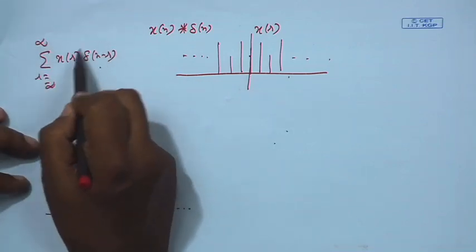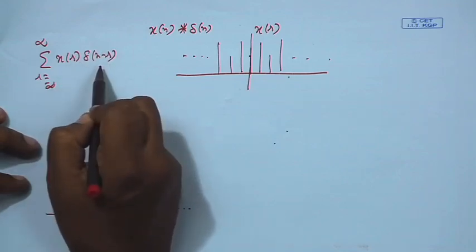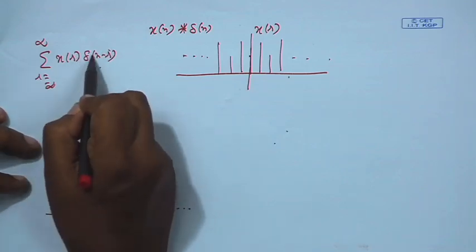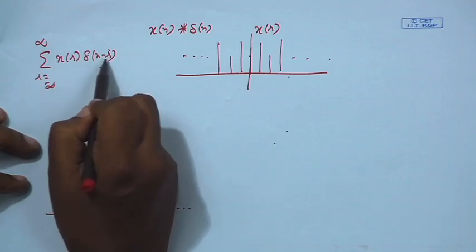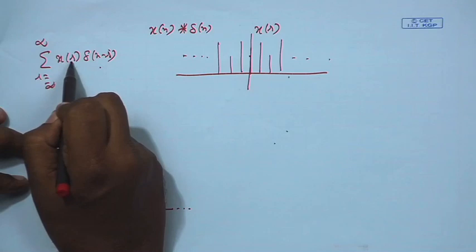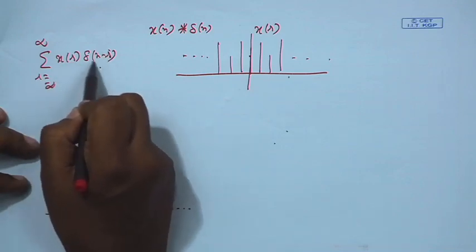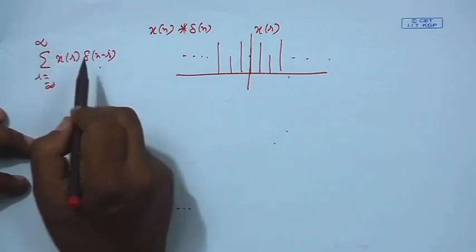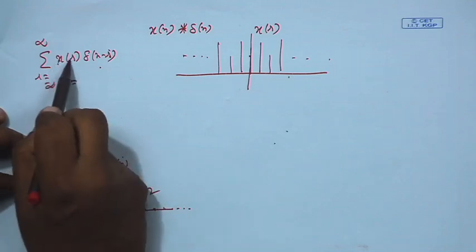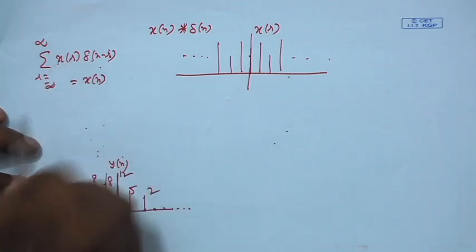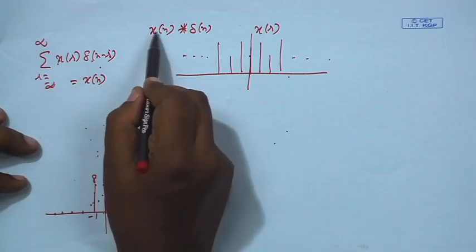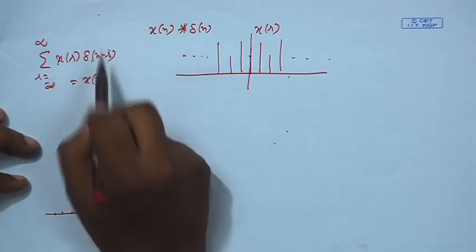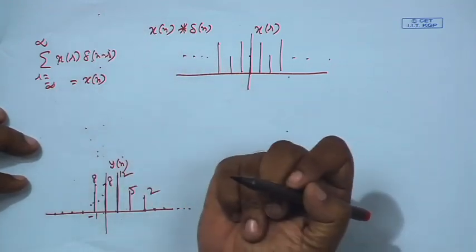Now, this delta is 1 only if the argument is 0. Argument 0 is r equal to n, it becomes x n. And if r is not n, for any other non-zero index here, delta value is 0, so output is 0. So, that means the only term that survives is x n into 1, that is x n. So, if you convolve, then output at any index is same as x n. So, you get back your original sample.